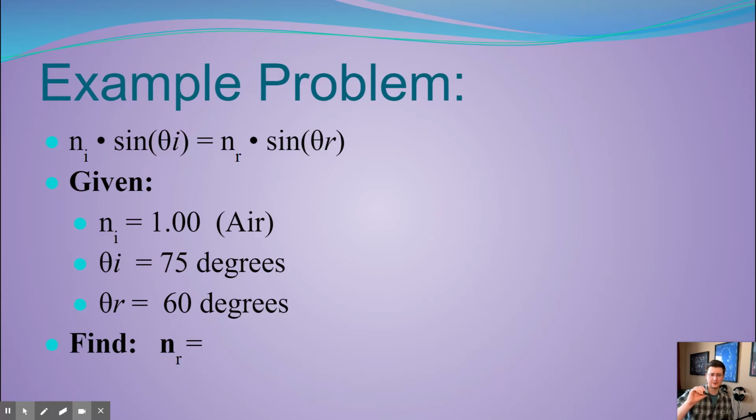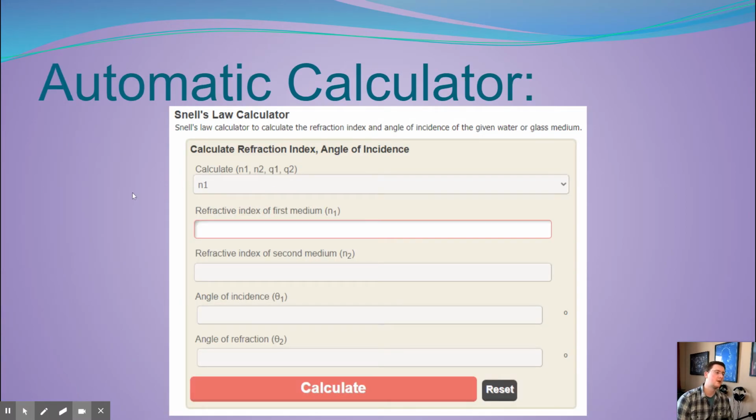So we shined our laser at 75 degrees, and then we have our new angle. We measured the angle of the light as it's bending, and we found that to be 60 degrees, so we had that 15-degree difference. We want to know what the index of refraction would be for a material that would produce this result. To do so, you're going to use that automatic Snell's Law calculator, which is going to pop up in this video.